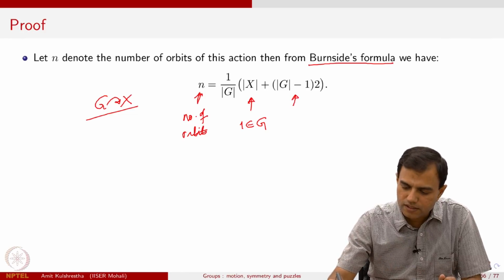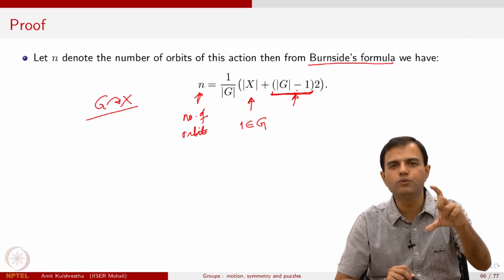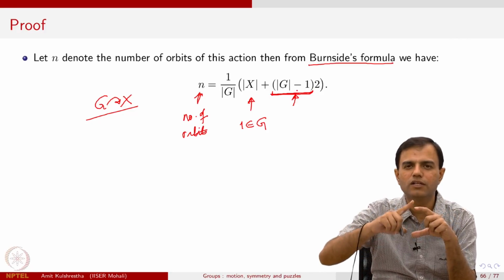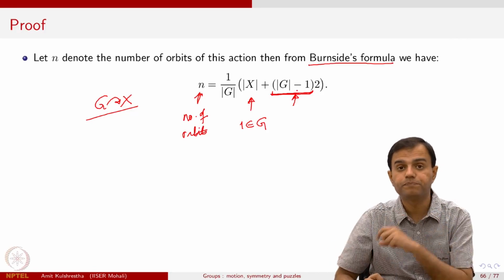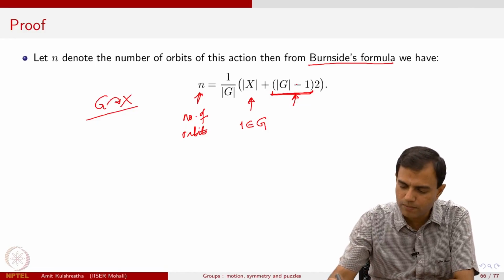And what is this? The rest, mod G minus 1, are non-identity elements. They are fixing only two poles, which are on the axis, the two endpoints of the axis. So those are mod G minus 1.